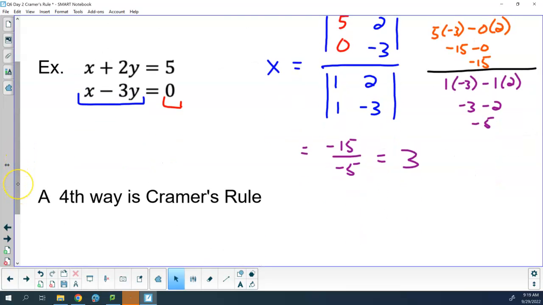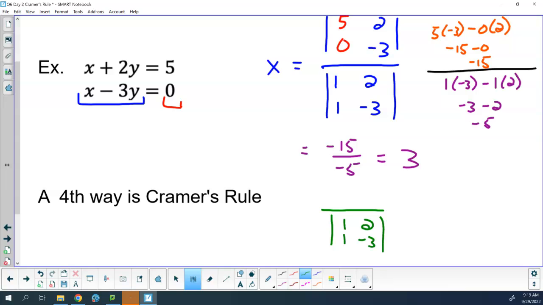And then if I want to solve for y now, I would use the same denominator because that's my base where I start. Okay? But now instead of replacing the x coefficients, I'm going to replace the y coefficients.